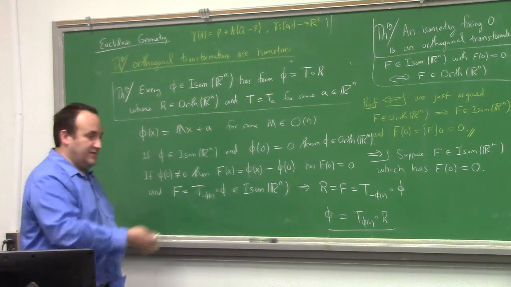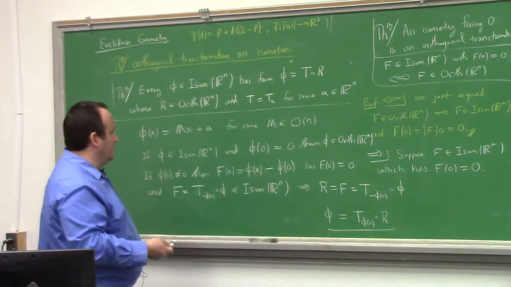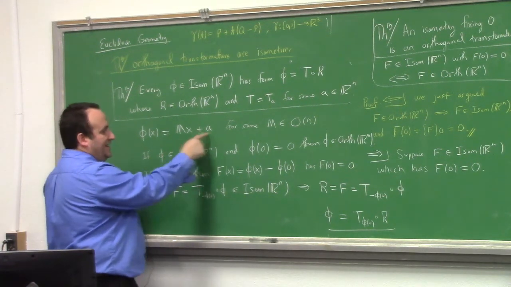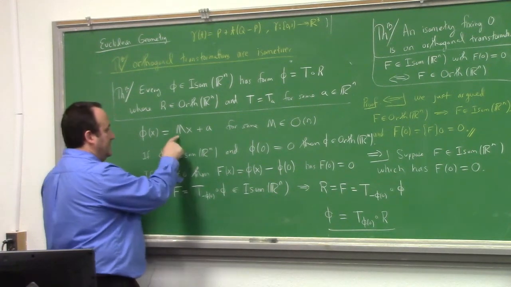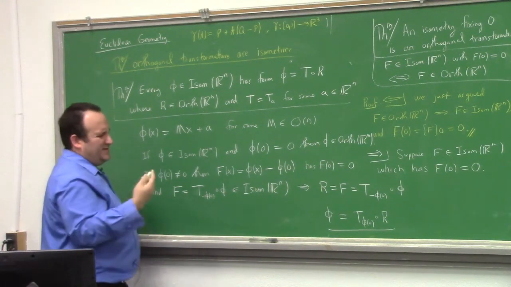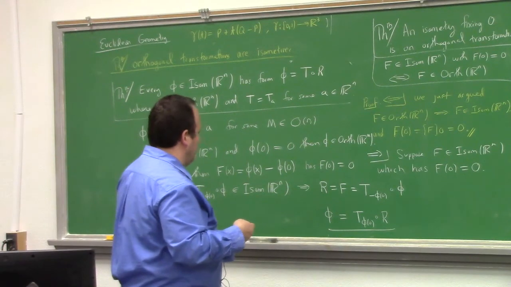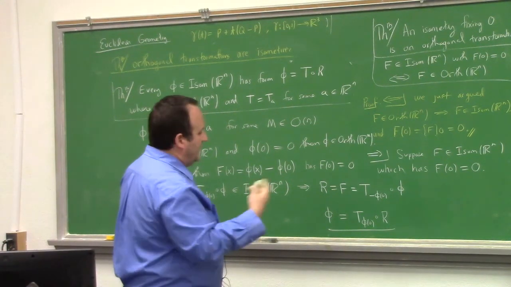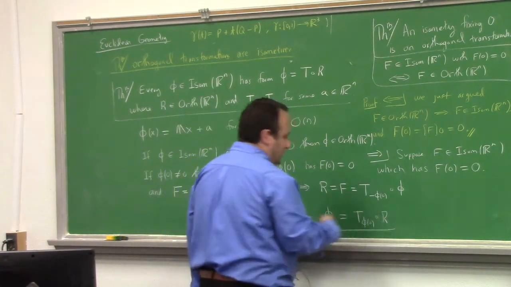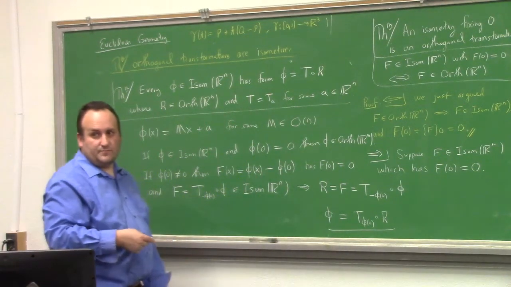And if you look at the matrix of that, the A in this case is actually phi of 0. I think I got the minus phi of 0 somehow. Well, anyway, this is fine. But there it is. That's the proof of the theorem.